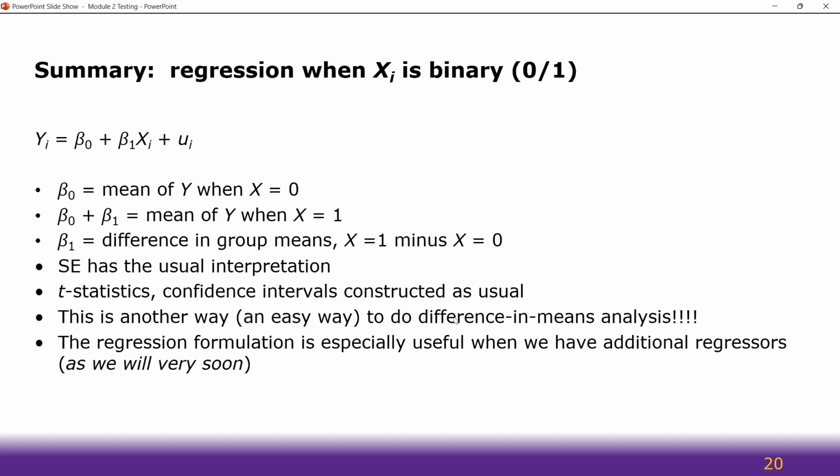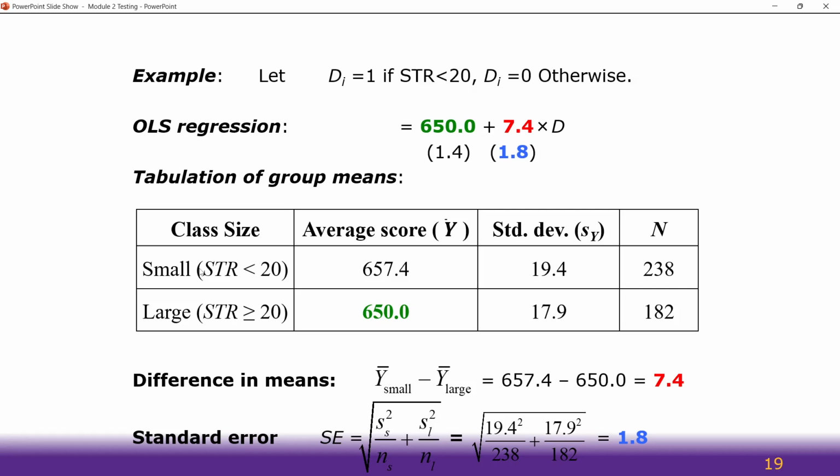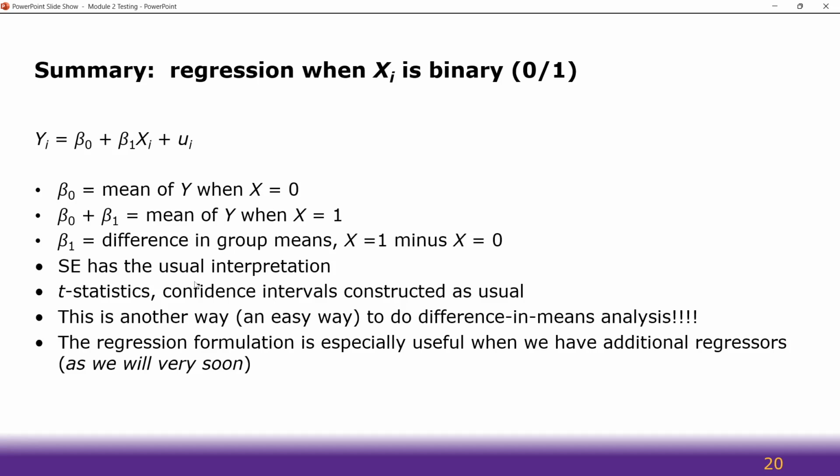What else do we have to say? Quick summary. Beta 0 is the mean of y when x is 0. Beta 0 plus beta 1 is the mean of y when x is equal to 1. So, of course, the sort of treatment effect, if you want to call it that, the difference in group means is beta 1, the slope of the regression line, and also this difference in means, if you want to do that and test things using the simple ANOVA.